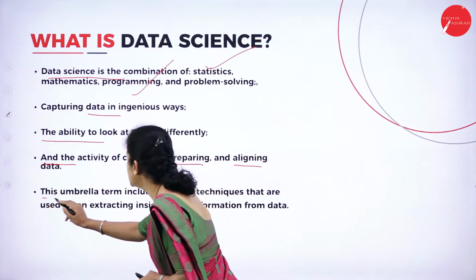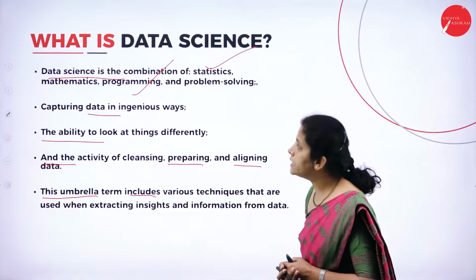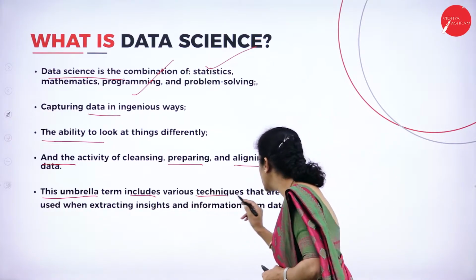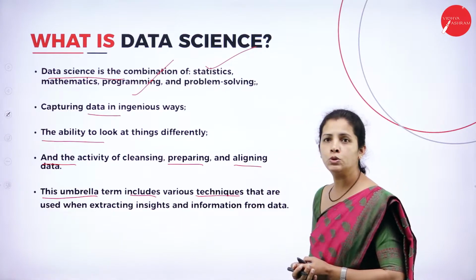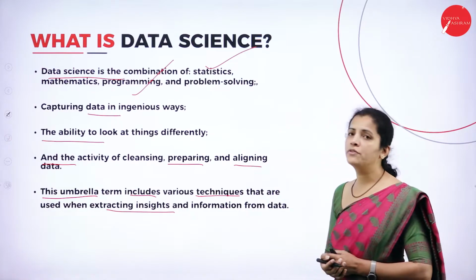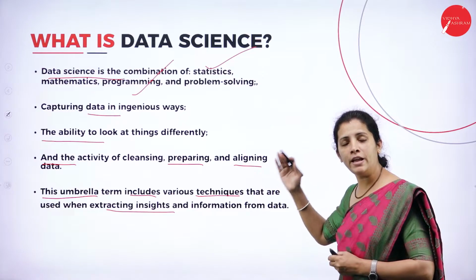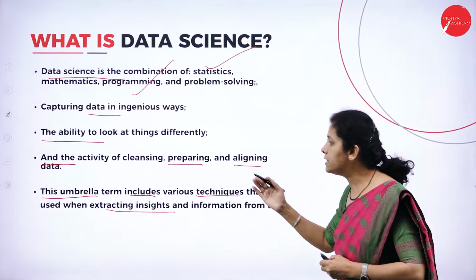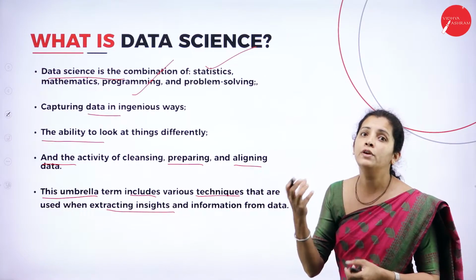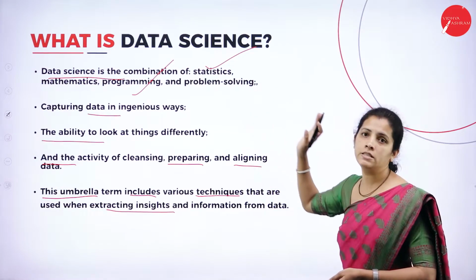So this umbrella term means that data science includes various technologies or techniques that are used to extract insights and information from data. Data science is the field or technique mainly used to extract meaningful information from the data. So in general, what is data science?